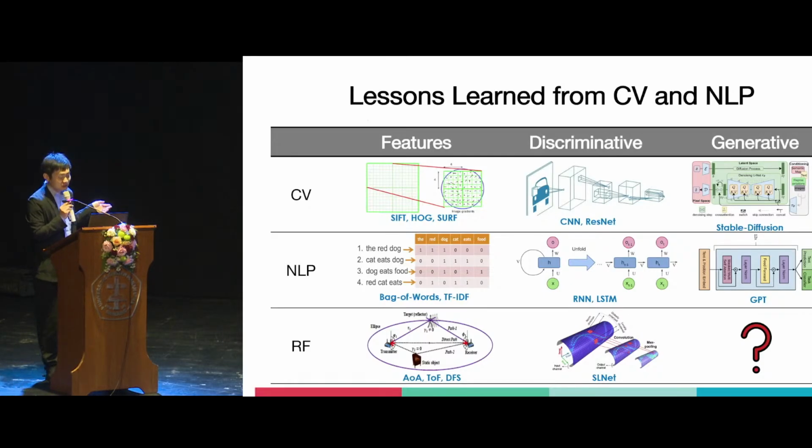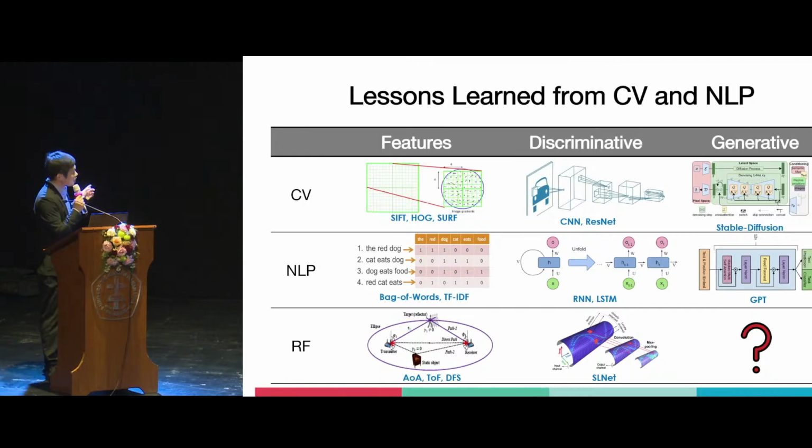In the NLP community, we moved from bag of words and TF-IDF to discriminative models like RNN, and now GPT-like large language models. So again, from handcrafted features to discriminative and then to generative.